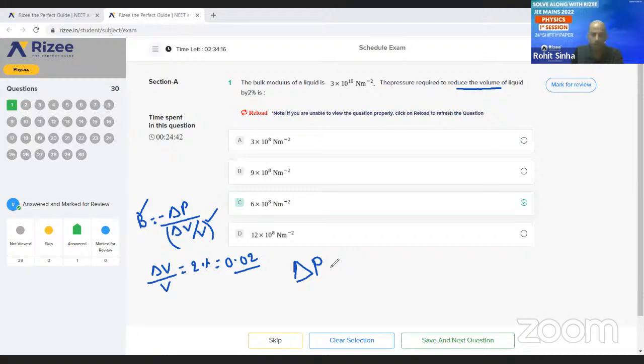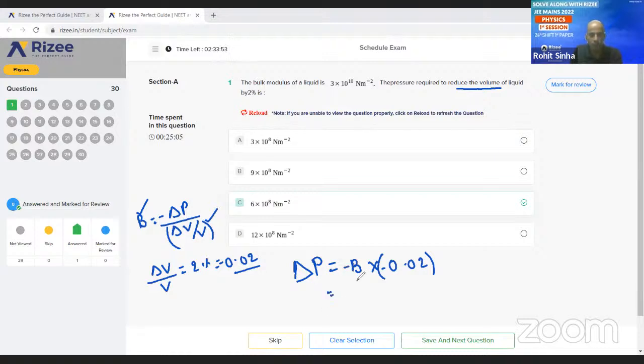Delta P will be how much? It will be equal to bulk modulus into the fractional change of volume, that is 0.02. This will be with a negative sign, because delta V by V is decreasing, and the negative will become positive.